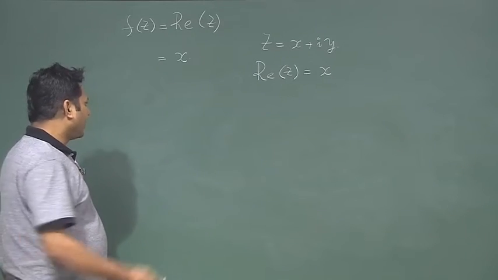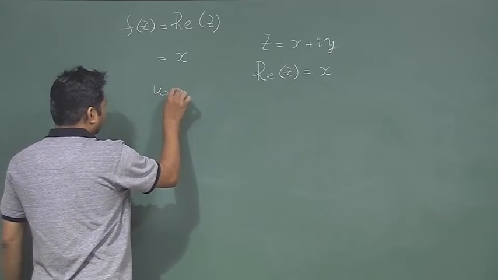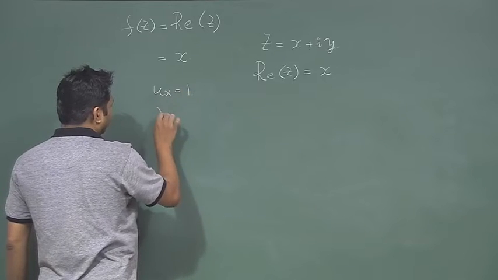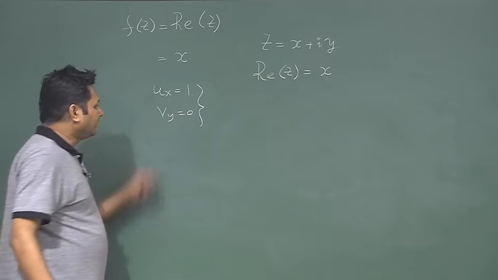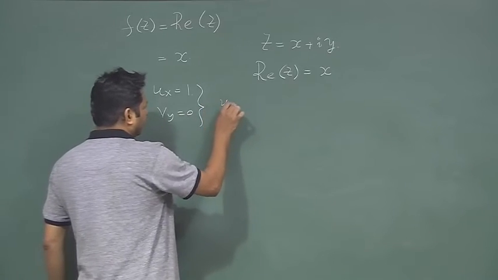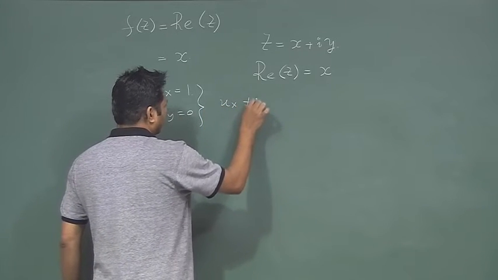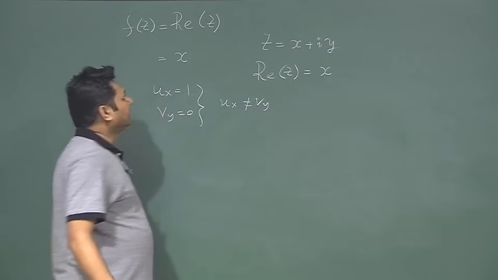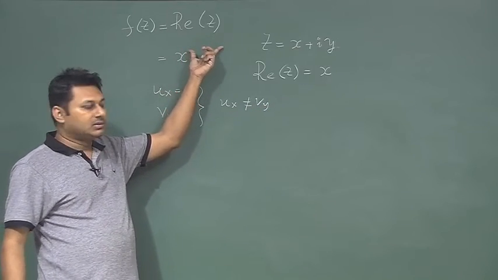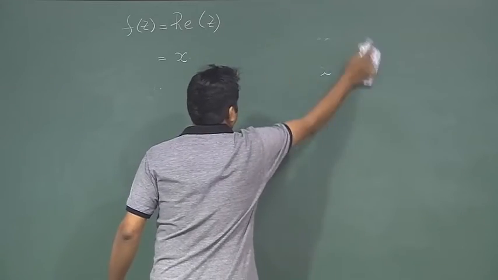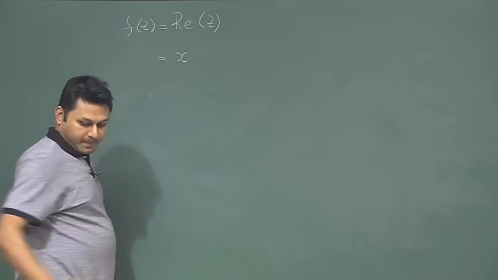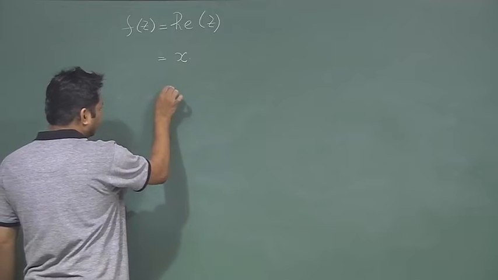So, readily you will find that ux will be 1, but vy is 0, it is not matching. So, ux is not equal to vy. Obviously, this is not an analytic function.